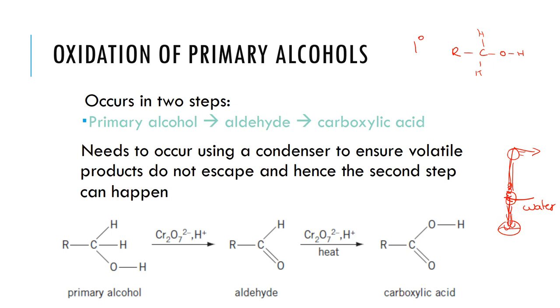Okay, so this way it means that the volatile products, which are our aldehydes and our carboxylic acids, don't escape, and then we can have the second step happen as well. So the first step, primary alcohol in the presence of our strong oxidizing agent will produce the aldehyde, and if we keep heating it in the presence of the oxidizing agent, we get the carboxylic acid.